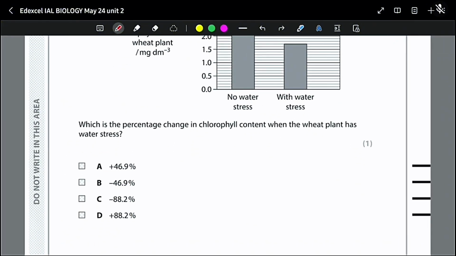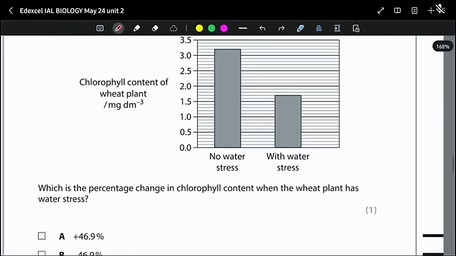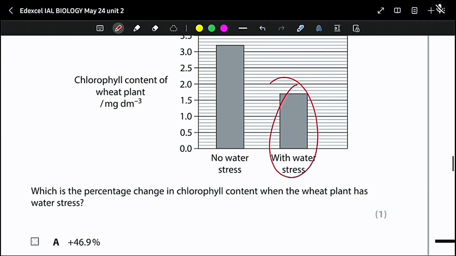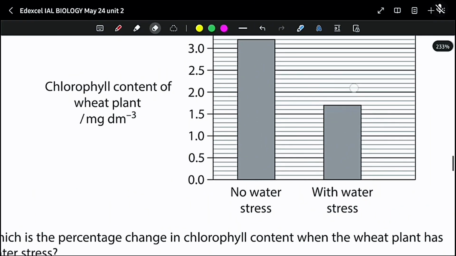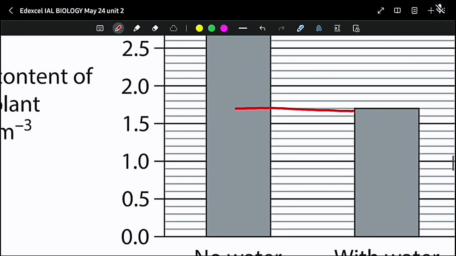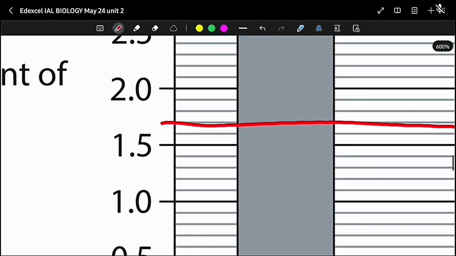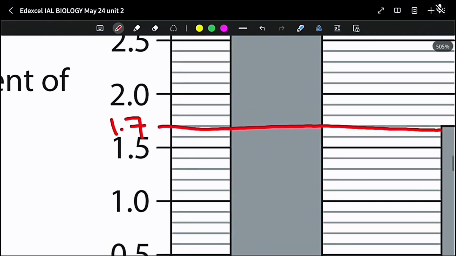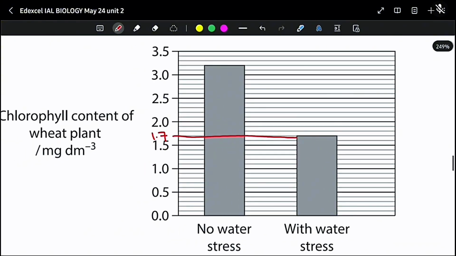What is the percentage change in the chlorophyll content when the wheat plant has water stress? Okay, so with water stress, we have to find the difference, the percentage change. If we see this line here, it goes to 1.7 mg per dm cube.